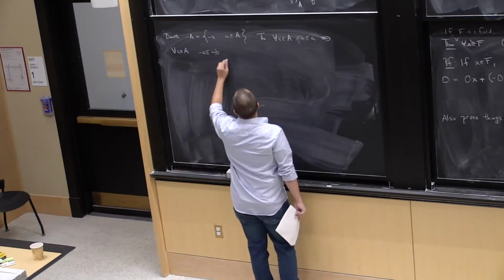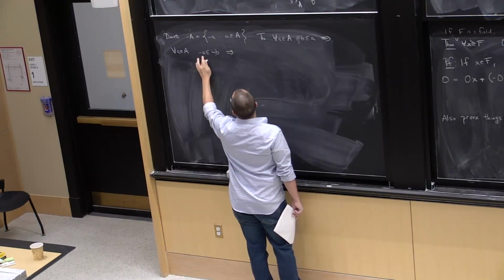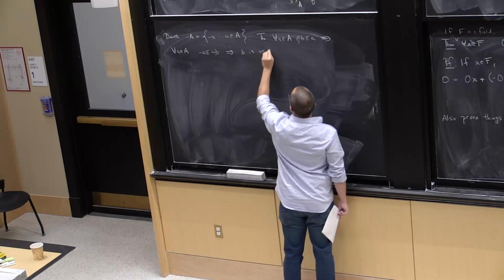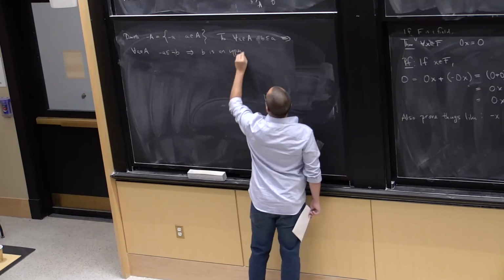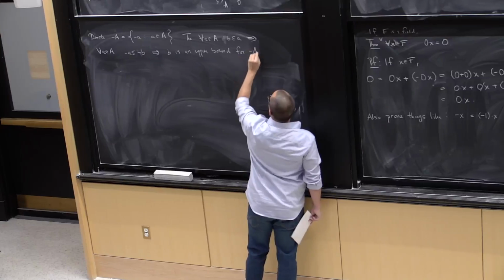So minus B is bigger than or equal to every element of minus A. That implies minus B is an upper bound for the set minus A.